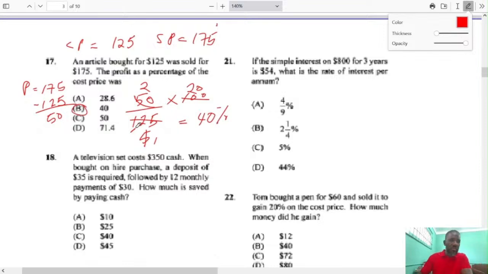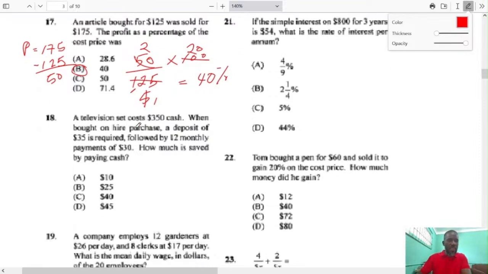40%. Now, in question 18, it says a television set costs $350 when bought on hire purchase, and a deposit of $35 is required, followed by 12 monthly installments of $30. How much is saved by paying for cash? Again, so we have a hire purchase price.